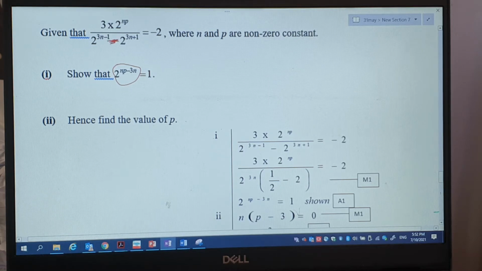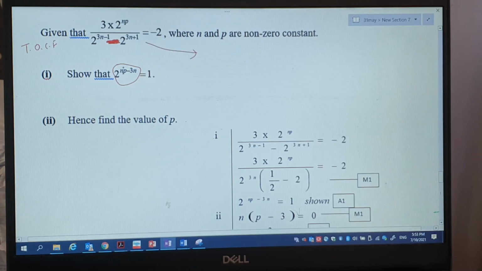I hope you still remember when I say in class that when you have something minus something, what must you do? You take out common factor here. Okay, and you always try to take out the smaller one. Alright, but if you can't, then you see how. Okay, never mind. I will show you what to do from here.